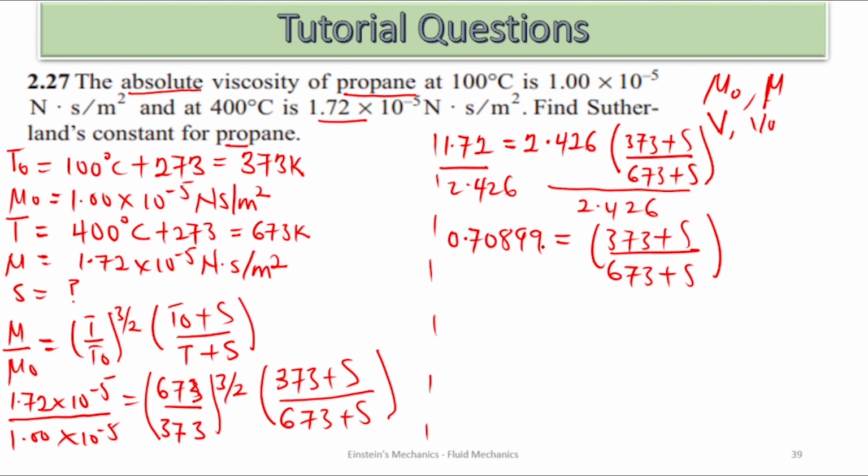We are looking for S, so we can do cross multiplication. This is over 1. So this is the same thing as 0.70899 multiplying 673 in one bracket plus S, equal to 373 plus S. We group like terms, we have those here, and I can also send the S here.